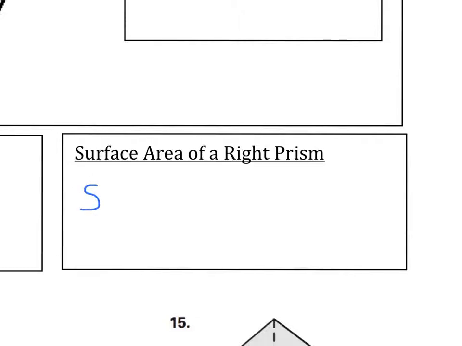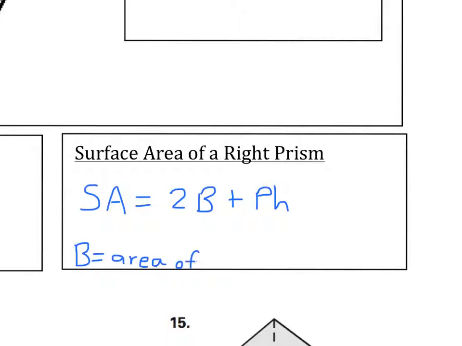The surface area is equal to this. I have 2 bases, so I'm going to find the area of 2 bases plus PH. Now let's define what that means. Capital B, please use capital letters where I write capital and lowercase where I write lowercase, is the area of the base.